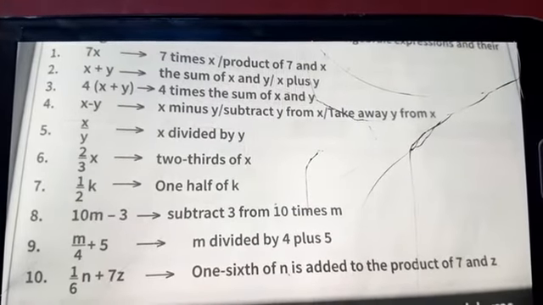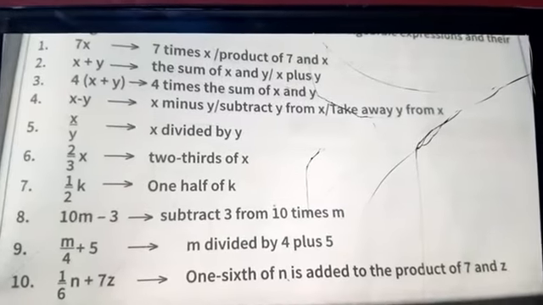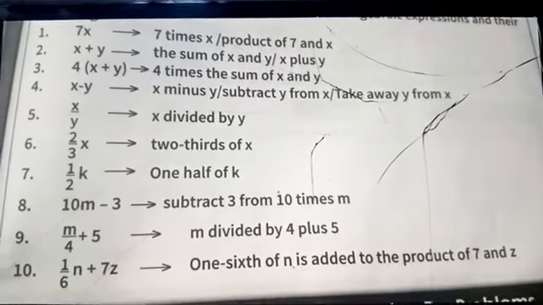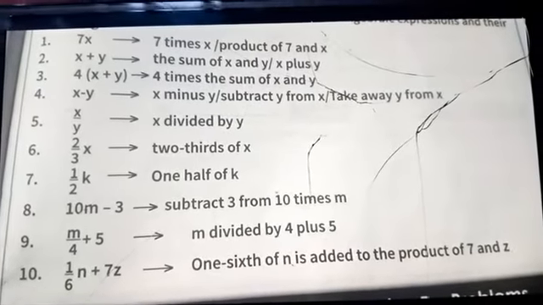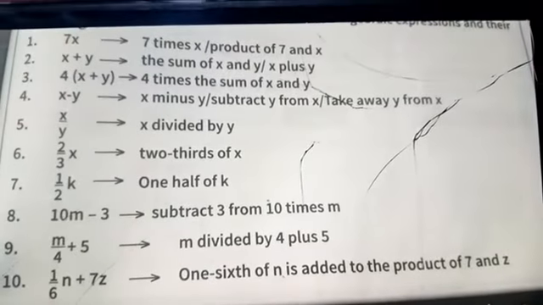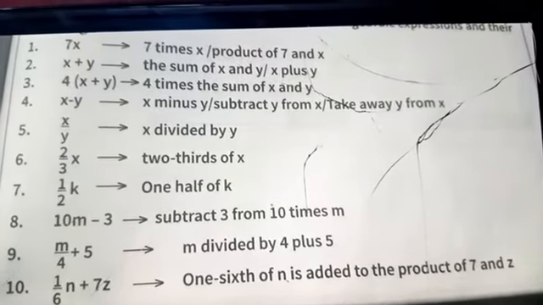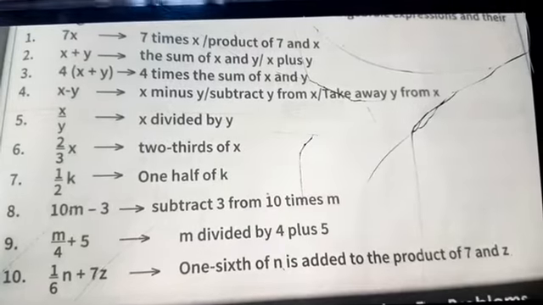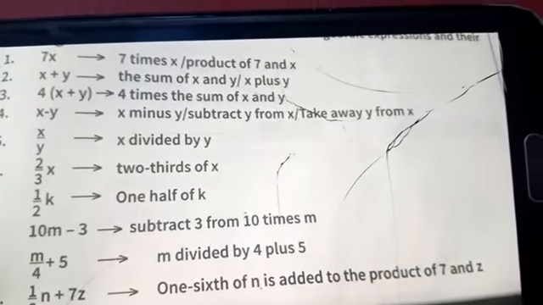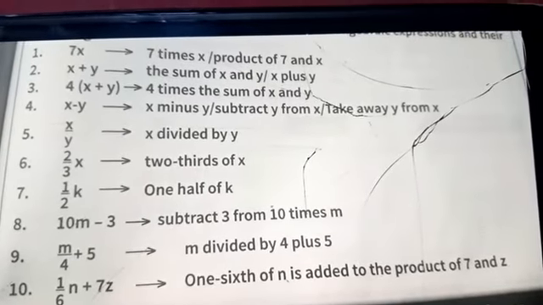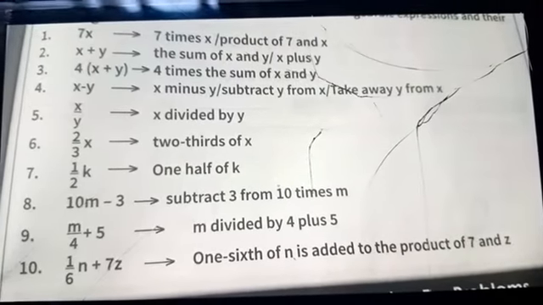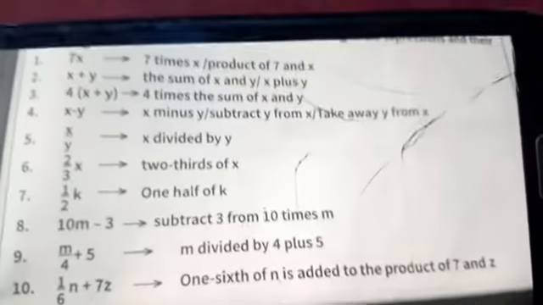We can also have 4(x plus y). This means 4 times the sum of x and y. We can also have x minus y, which means subtract y from x, or take away y from x. Either way, you can use it to explain x minus y.